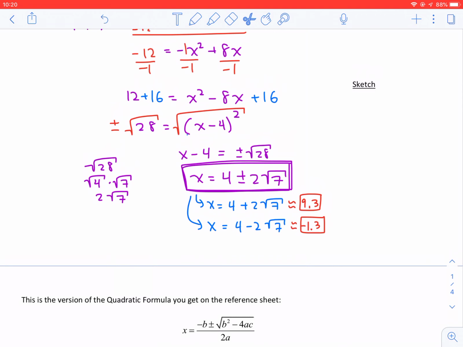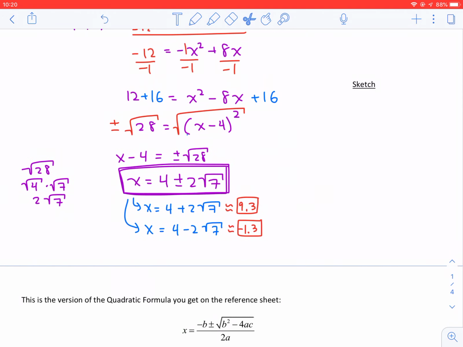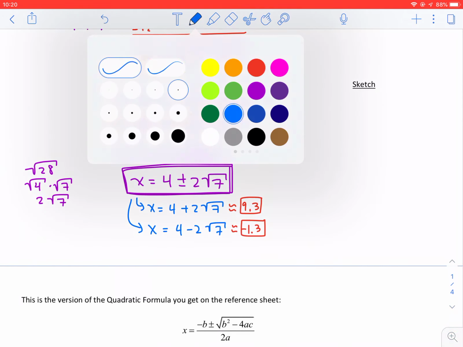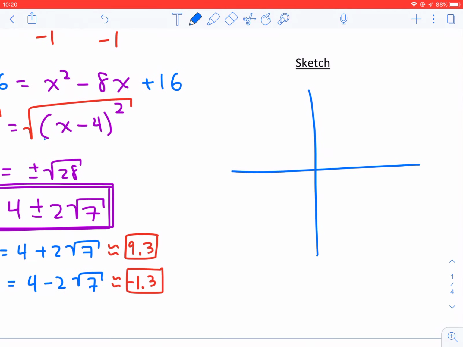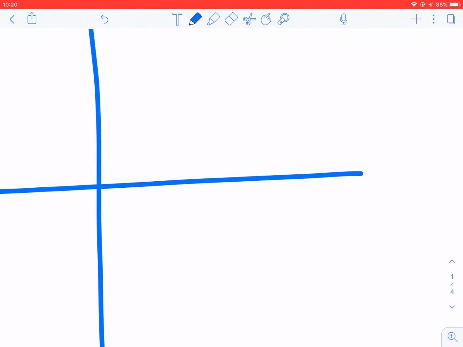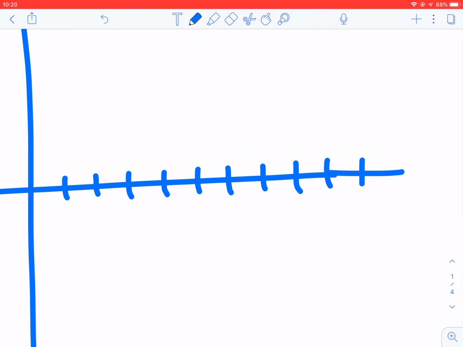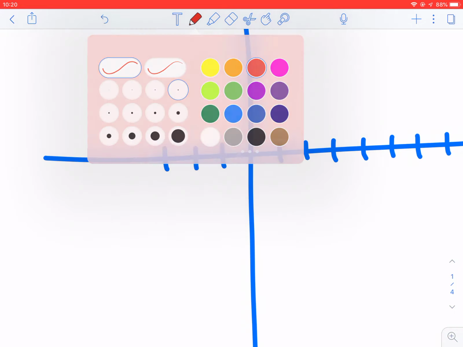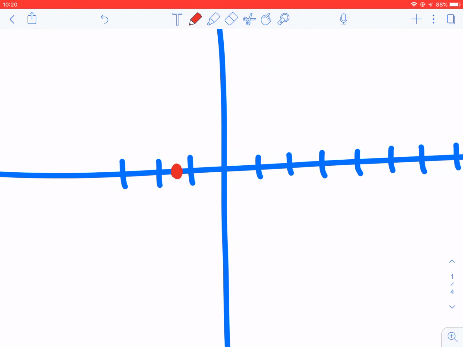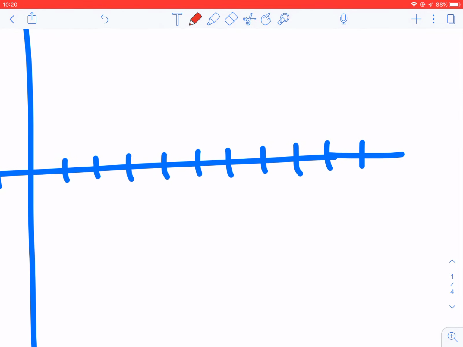So with all this information, we can make a very nice sketch. I'm going to draw my x and y axes. I know I have a 0 at 1, 2, 3, 4, 5, 6, 7, 8, 9, 10. I have one at 9.3 and one at negative 1.3, so I go negative 1, negative 2, negative 3. So I have a 0 here at negative 1.3-ish, and another one at positive 9.3.